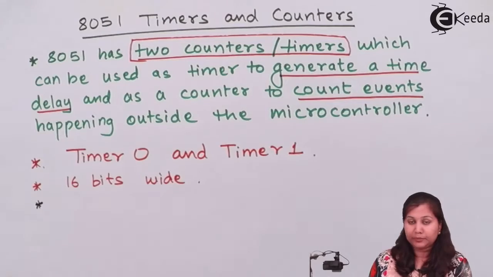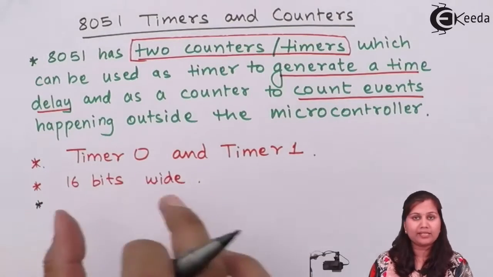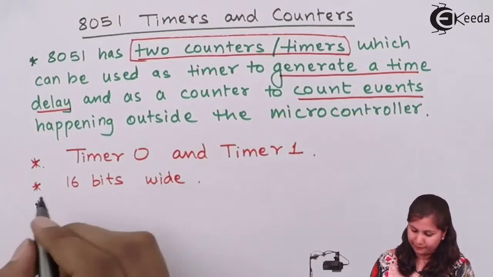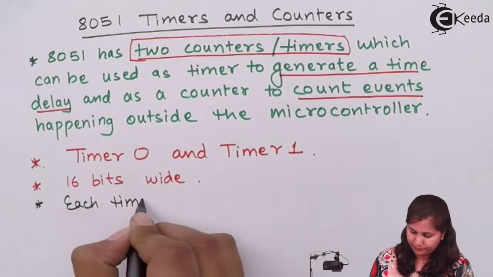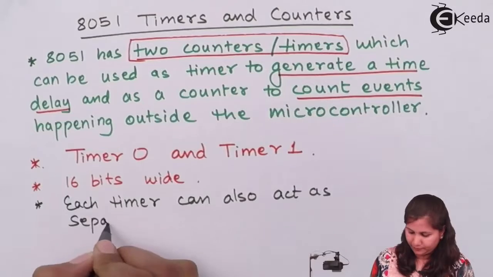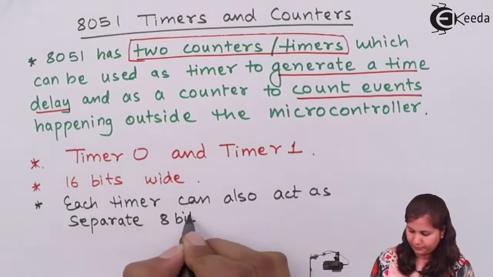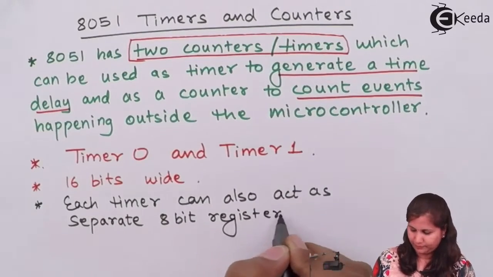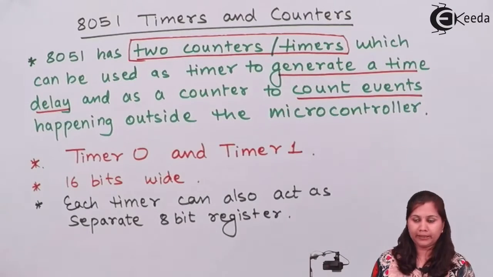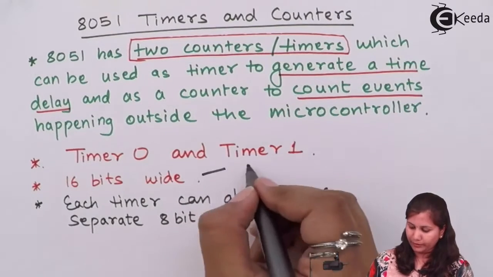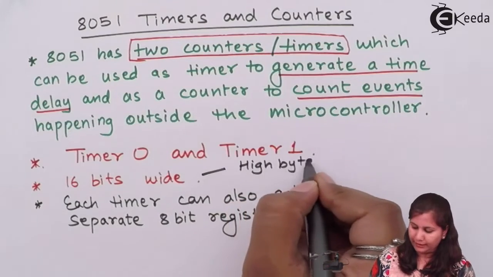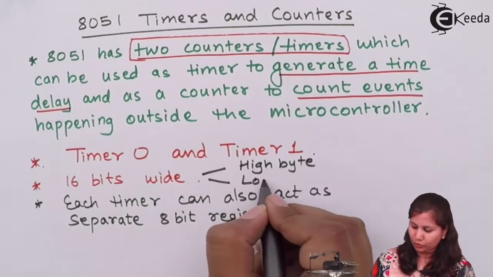So because each timer is having 16 bits, it is also divided into 8 bits. So 16 bits, they are also divided into 8 bits high byte and 8 bits for the low byte.